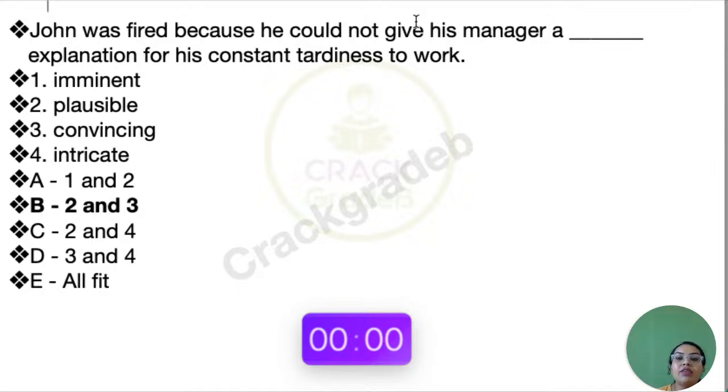Anyways, he was fired because he could not give his manager some kind of explanation. So, a convincing, a plausible explanation, something that could happen, for his constant tardiness to work. Why is he late, not completing things on time? Why is he delaying things? So that's why plausible and convincing explanation.